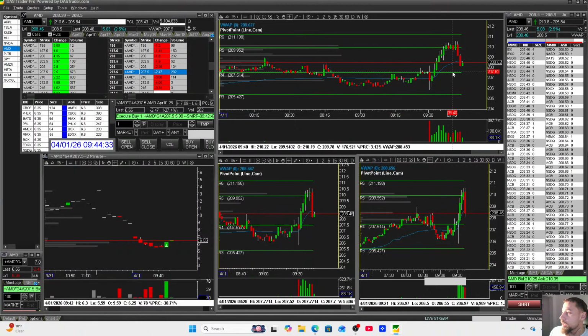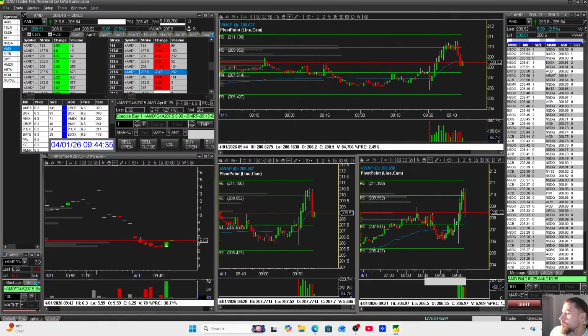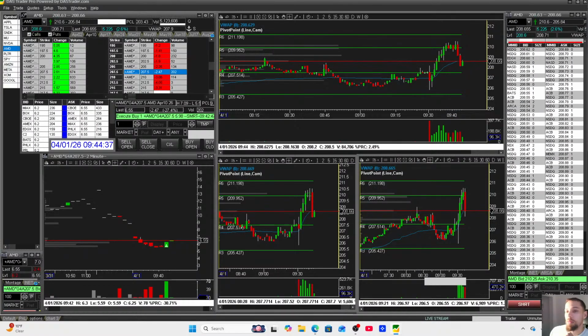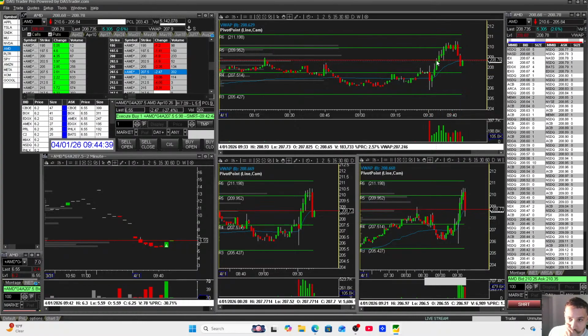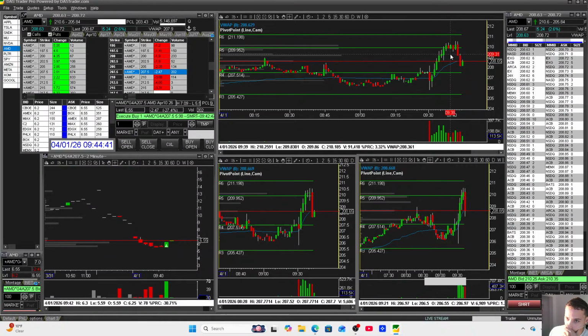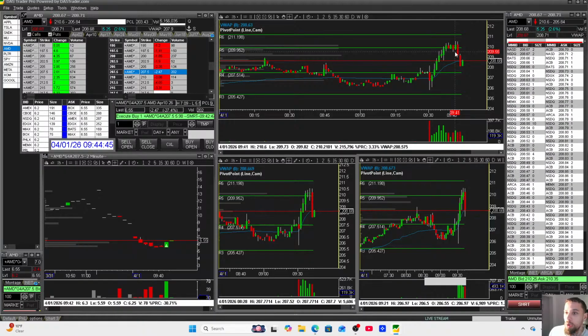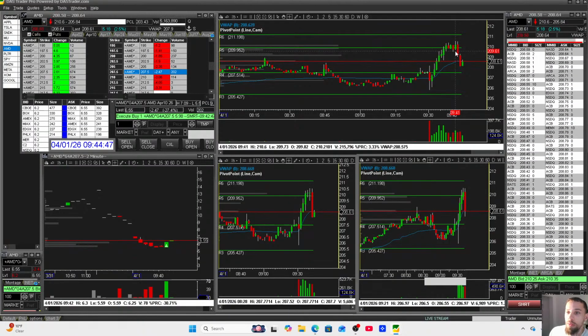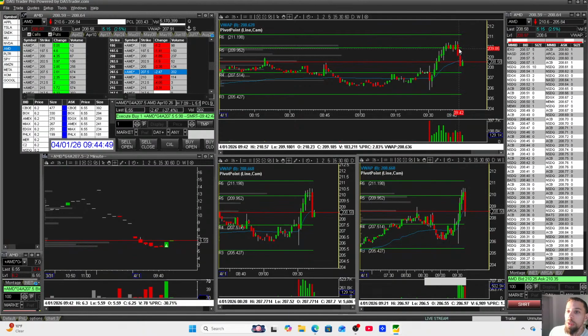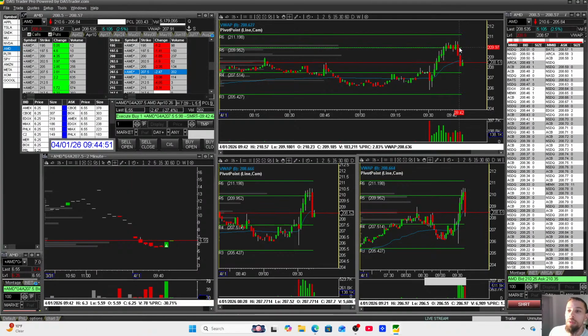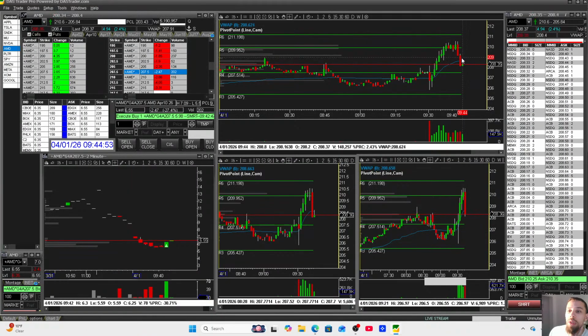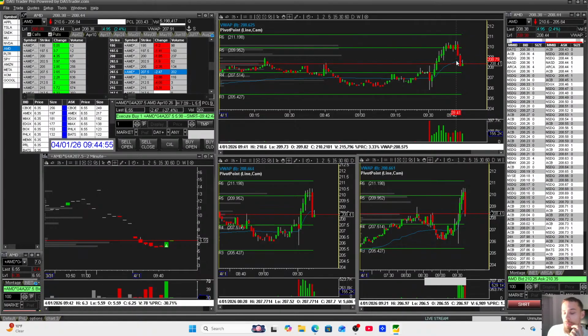We'll see what the price action dictates. So I got in probably around 209.5. It would have been good to be in around the pivot level, 210, but a little late.